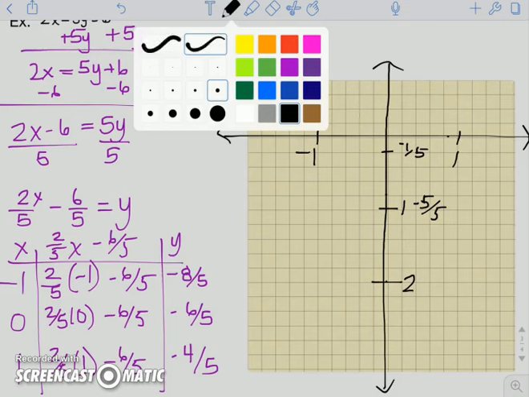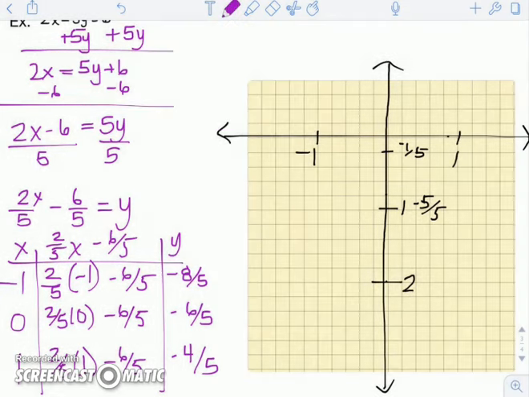So I'm going to start with the point negative 1, negative 8/5. So 5, 6, 7, 8, and it's at negative 1. At 0, I'm looking at negative 6/5, which is right here, and at 1, I'm looking at negative 4/5, which is right there.